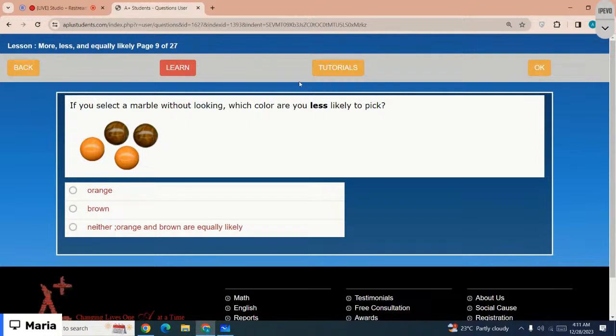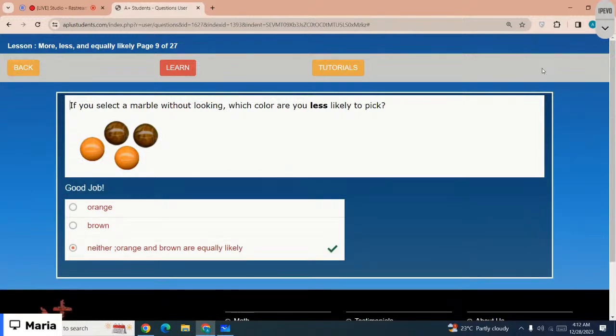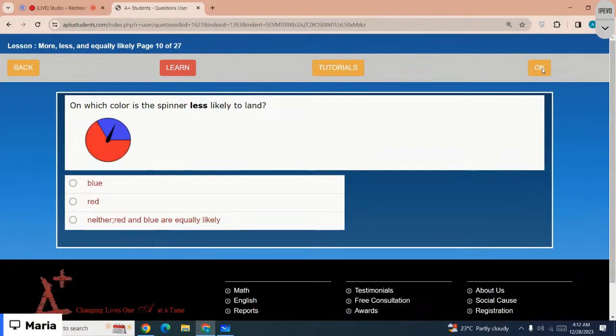Yes, the third option, because you have two of the orange marbles and two of the brown, so they are equally likely, right? Very good. Okay, on which color is the spinner less likely to land? Which is the correct option?